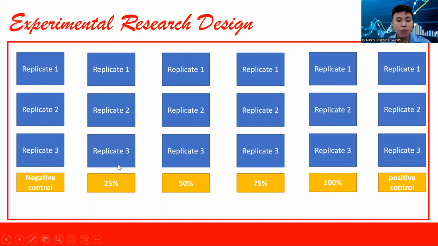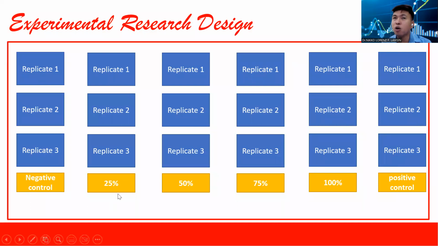In the given example, having negative control, 25%, 50%, 75%, 100%, positive control. Say you are trying to test a particular effect of a pesticide. For example, your negative control is water. Your positive control is the commercially available pesticide.